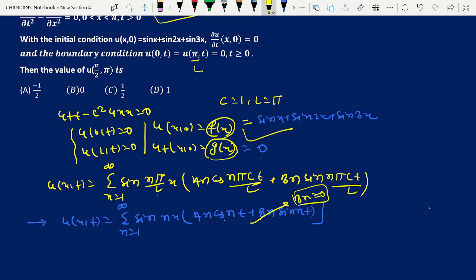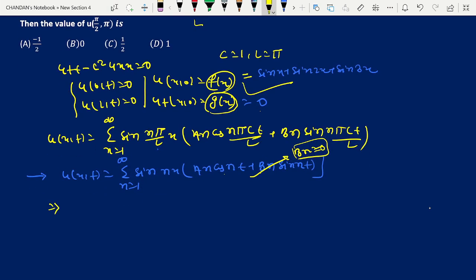So what do we have as the main solution? We have only this type of solution, u(x,t) equals the sum from n=1 to infinity of a_n sin nx cos nt, and now we use this condition.